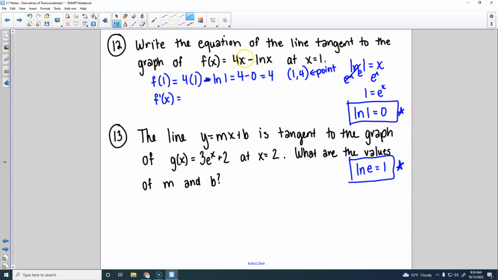And Hallie, whenever we do the derivative of 4x minus natural log of x, what will we get? Perfect. 4 minus 1 over x. We particularly need the slope at 1. So we're going to do f prime of 1, which is 4 minus 1 over 1, which will just give us 3. So that's our slope.